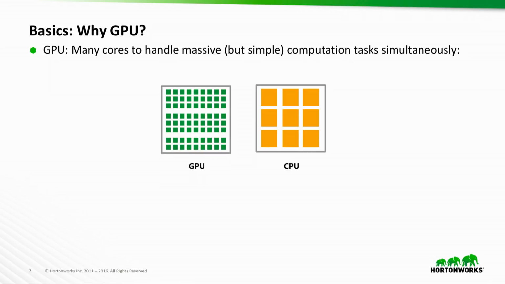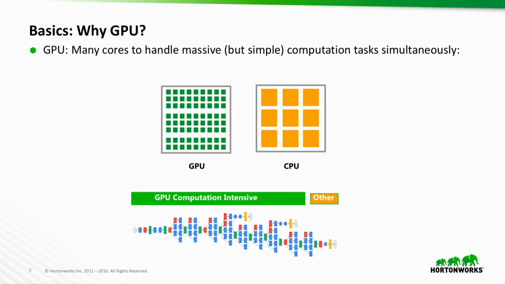It can handle very complex logic, like control flows, things like that. The GPU is different. The GPU has many cores, but each core is very simple. So for tasks like matrix computation, the GPU can handle them very well, because the design of the chip is for this kind of task.